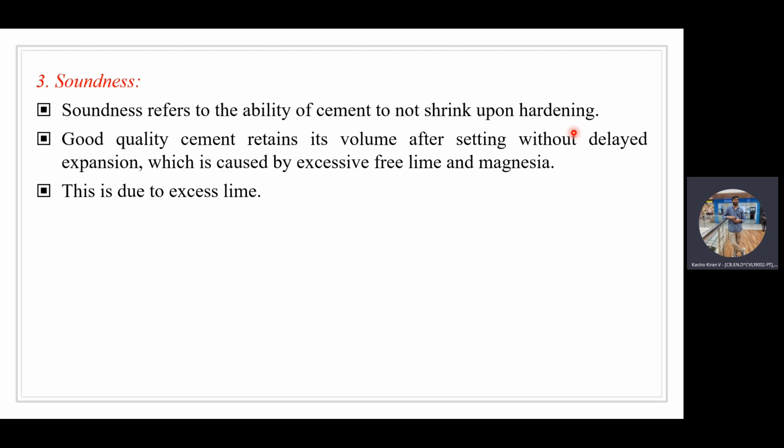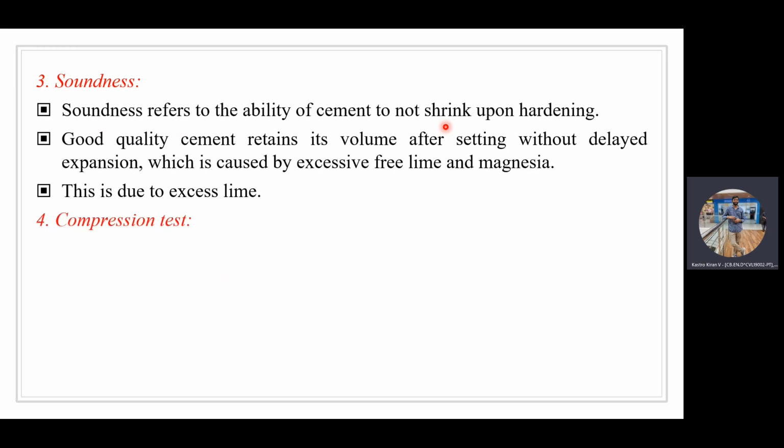So if the volume change is happening, that is called shrinking. If the volume change is not happening, it is because of the sufficient quantity of lime. If you have an excess amount of lime, then the cement will become unsound. That means the cement will shrink, or the volume change will happen. That's the third property.